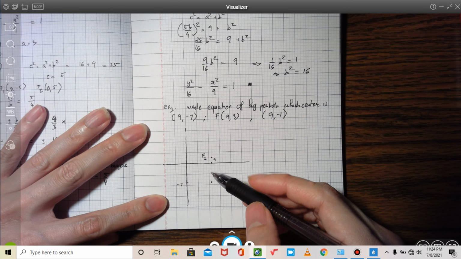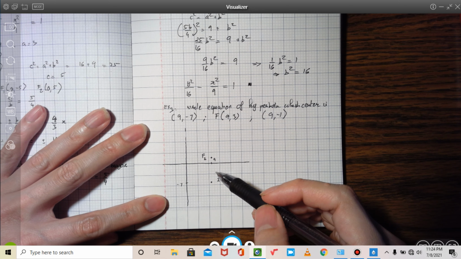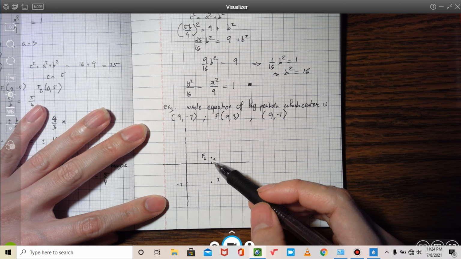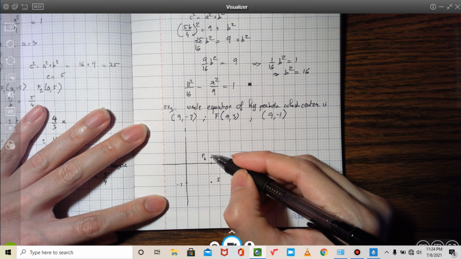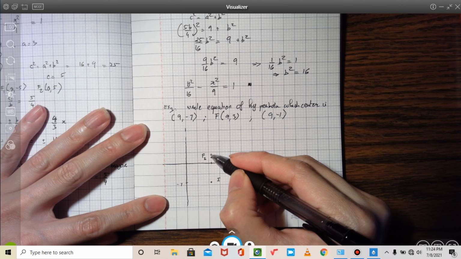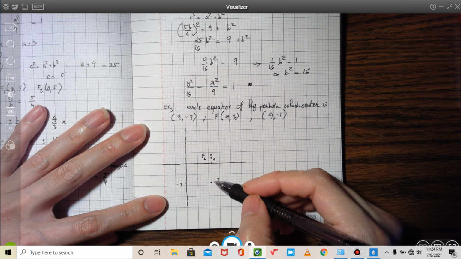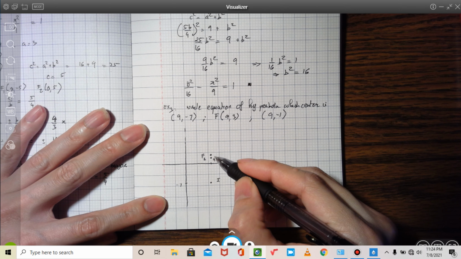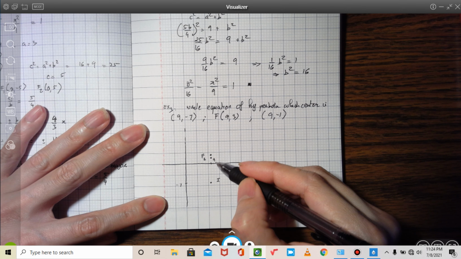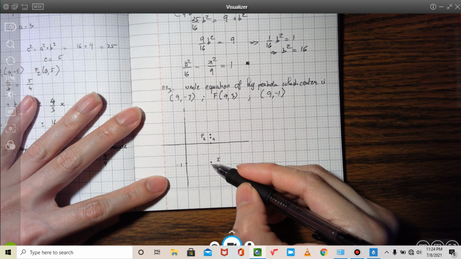It's (9, 3), so 3 up here. And so from the distance you can get the c value: 1, 2, 3, and so on. It will be 10. So we have 7 here.